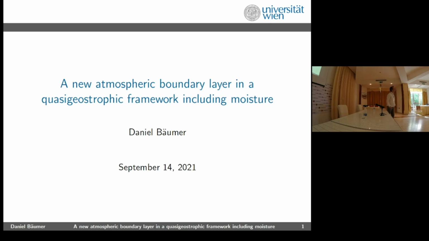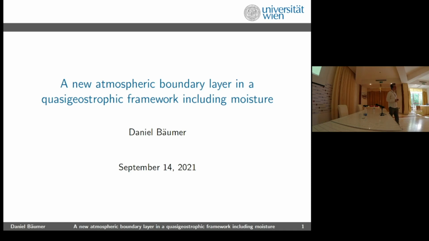Okay, so the title of the talk is a new atmospheric boundary layer in a quasi-geostrophic framework, including moisture. So this is a new development in the field of geophysical fluid dynamics, and I think a very interesting one.